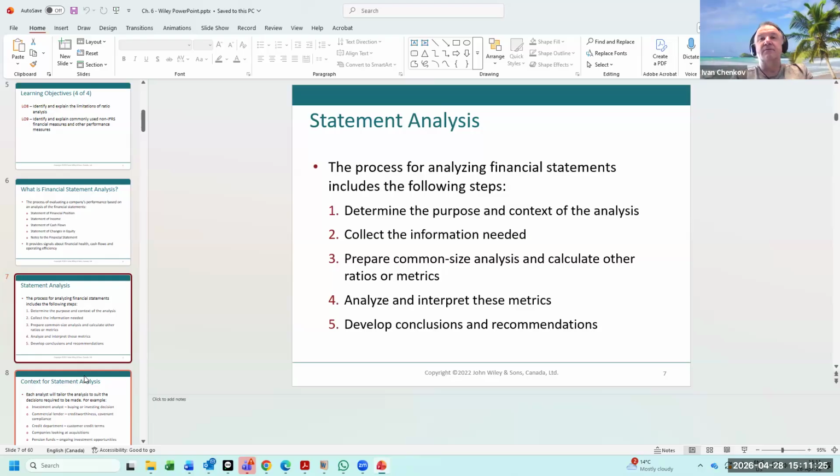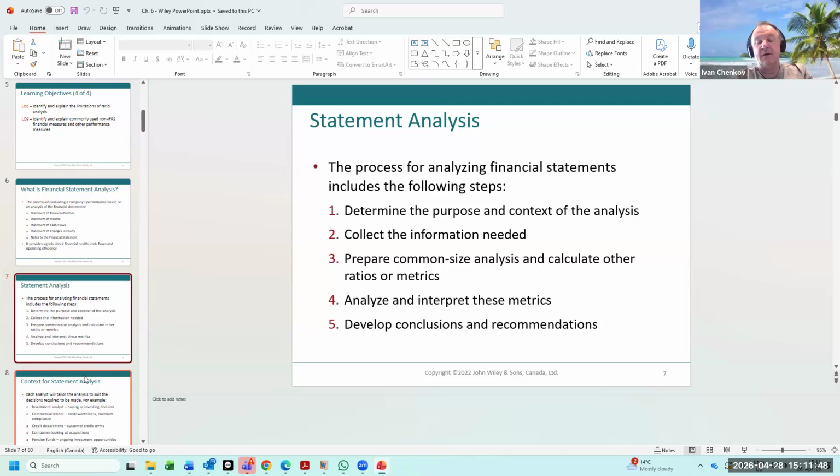Then we need to start to collect the information. Once we know the purpose, we need to collect the information needed for the analysis that we determined we're going to do. Then we're going to prepare a common size analysis, and we're going to calculate some ratios.